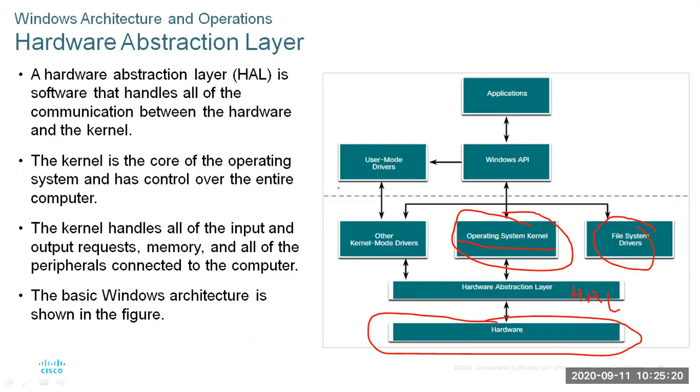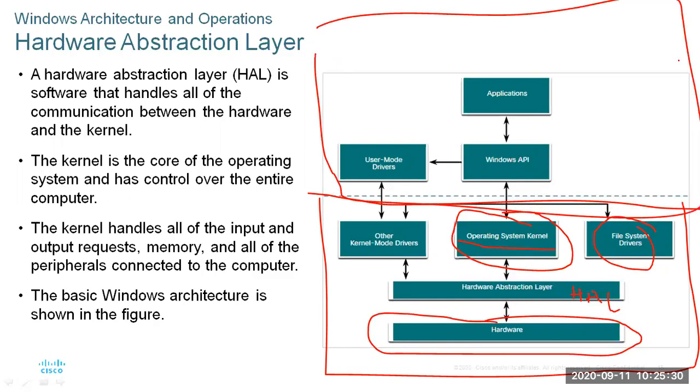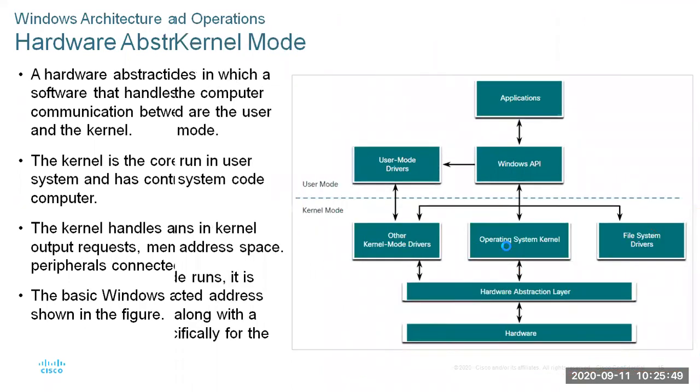So you see the operating system is divided into two, this side and then this side. This upper layer is managed by the shell, and that is where it enables the user interface communication, where you and I interface with the operating system. And then the lower end is managed by the kernel.